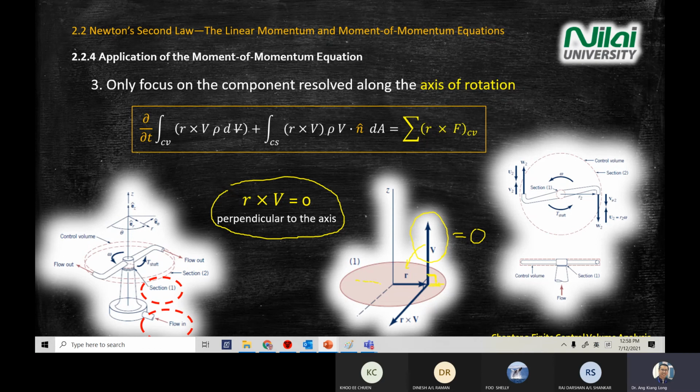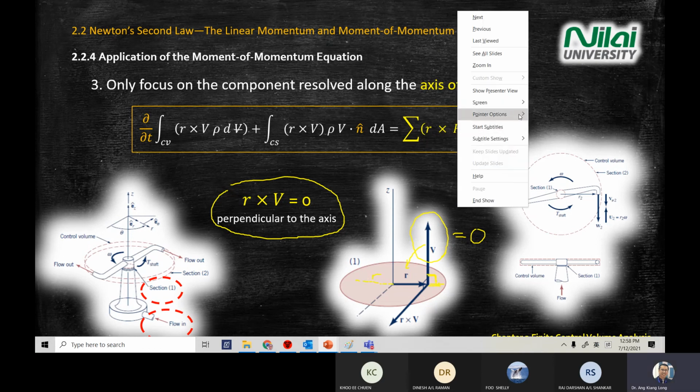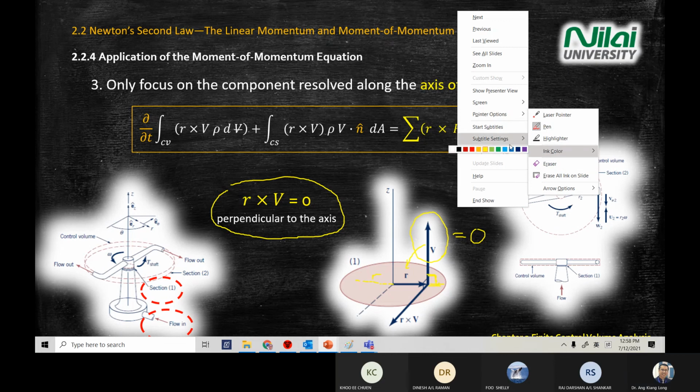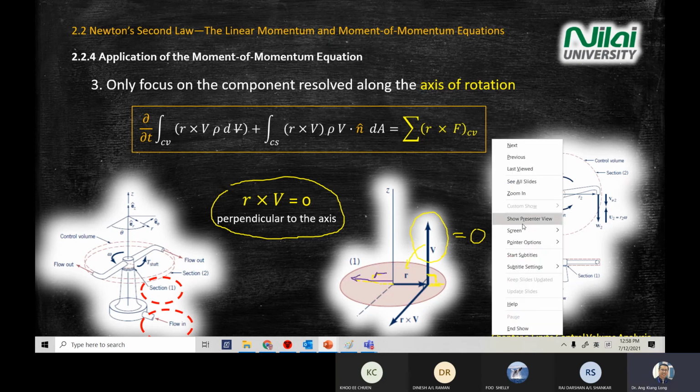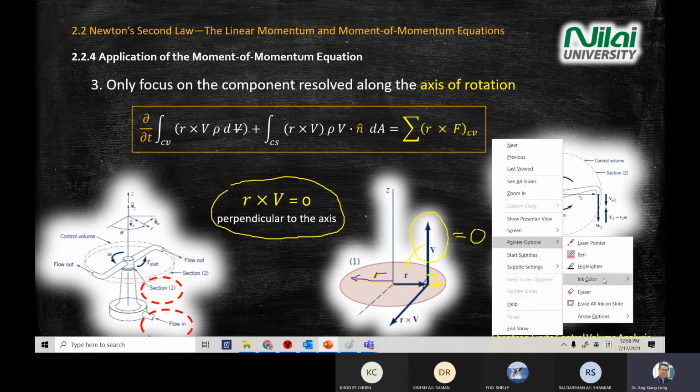Now, I draw another scenario. Maybe I use a different color. Then I'm going to stop the lecture for a while. So I draw R. Let's say you have another R, and you need to study another force.